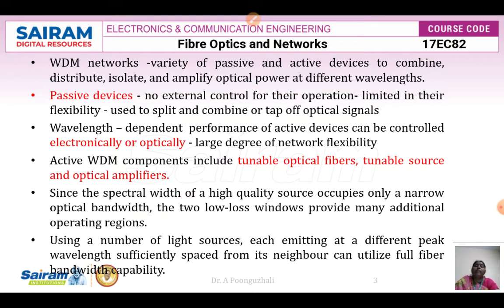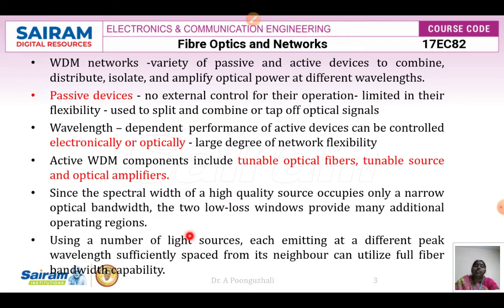In the bands we can see the two low loss windows, which provide additional operating regions. To send the different wavelengths, we can use a number of light sources. Each light source is going to emit at its peak wavelength.